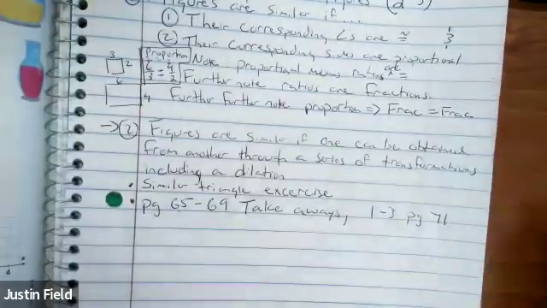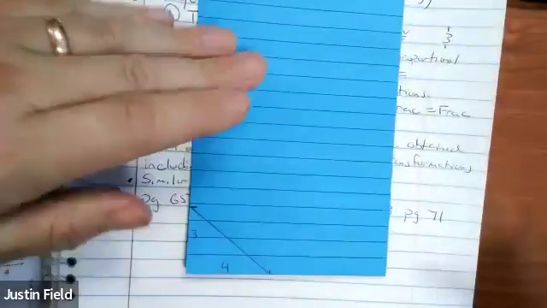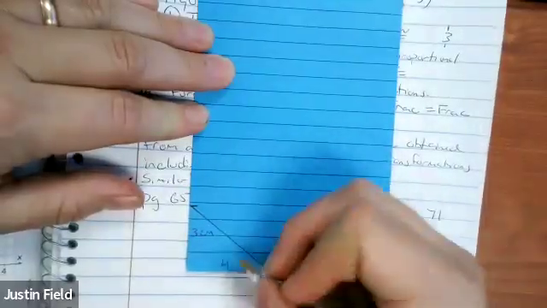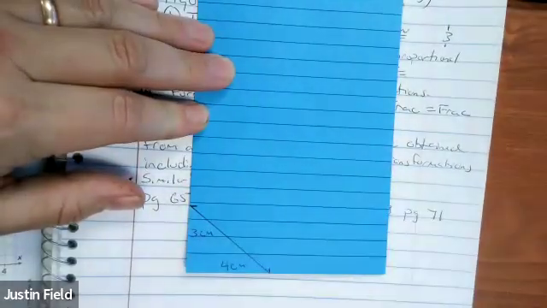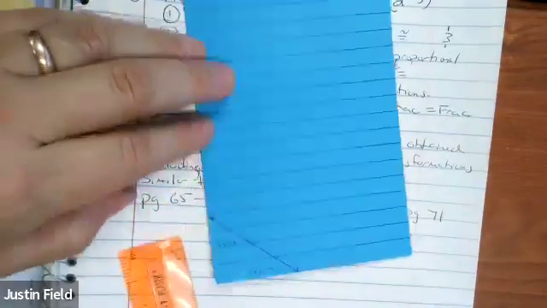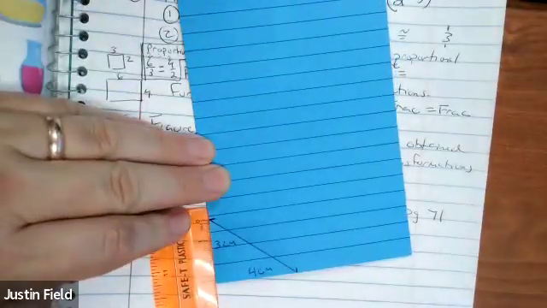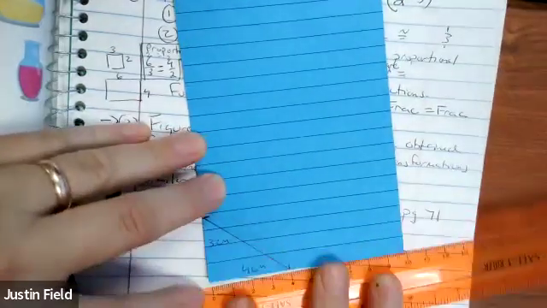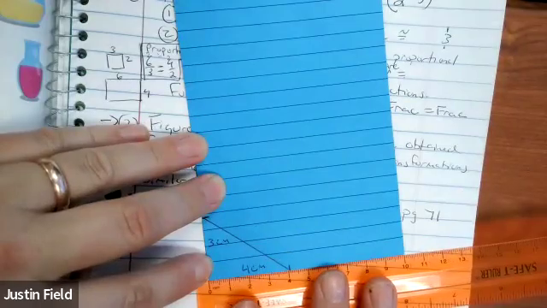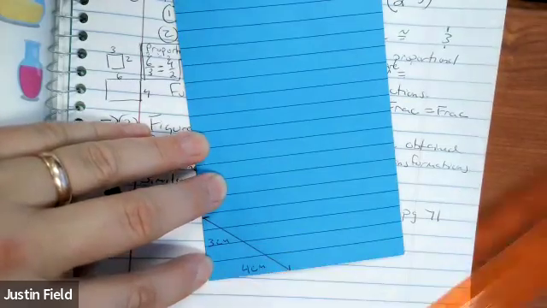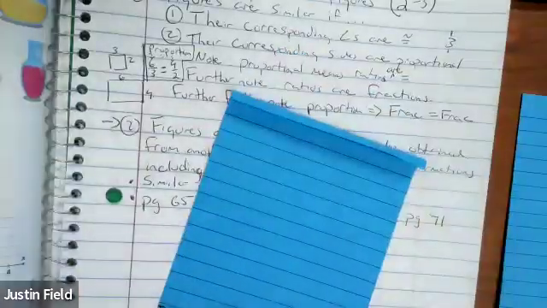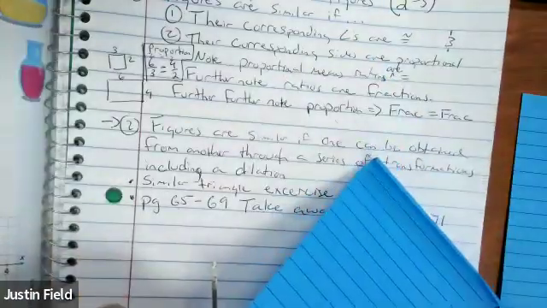So I have a triangle here that I've already measured where the sides are 3 centimeters and 4 centimeters. I took my ruler and I measured, and you can see that side is approximately 3 centimeters and this side is 4 centimeters, right? So now I'm going to cut it out, and it's going to be my first triangle.